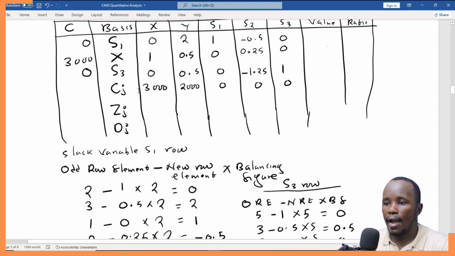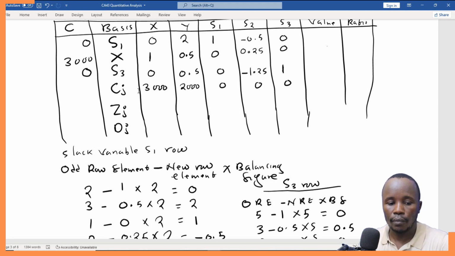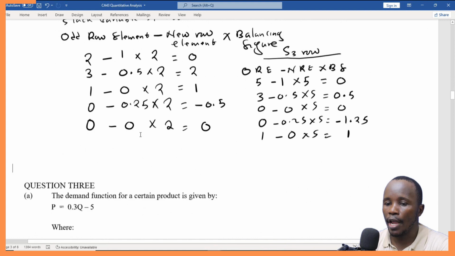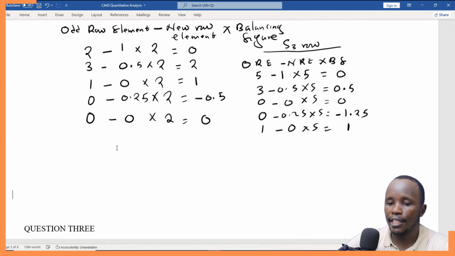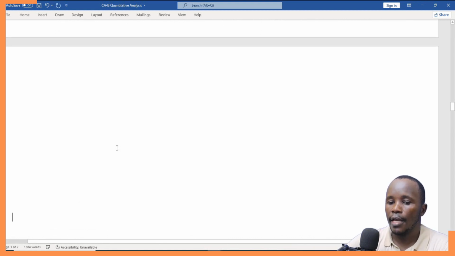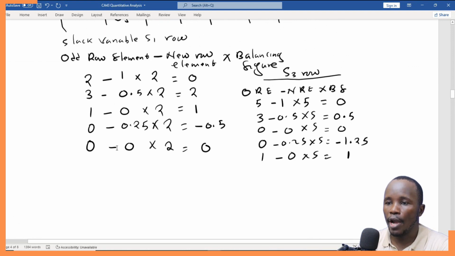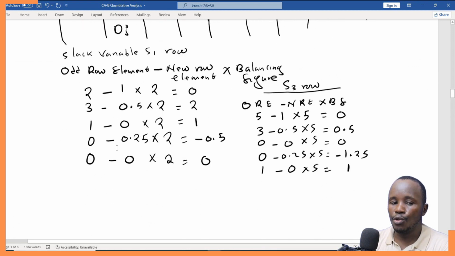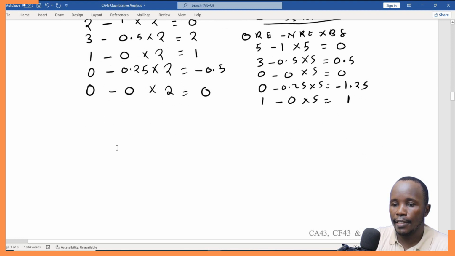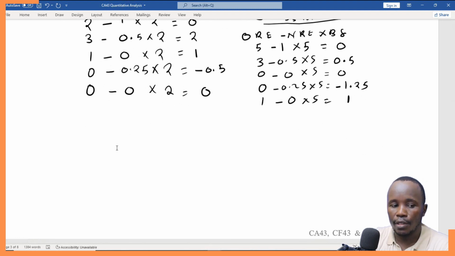Now, having identified that, we come here and look for our Zj. How do we get our Zj? There are some computations that you require for you to get Zj.